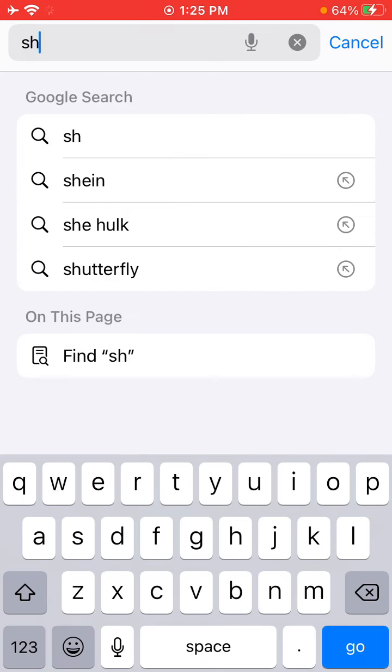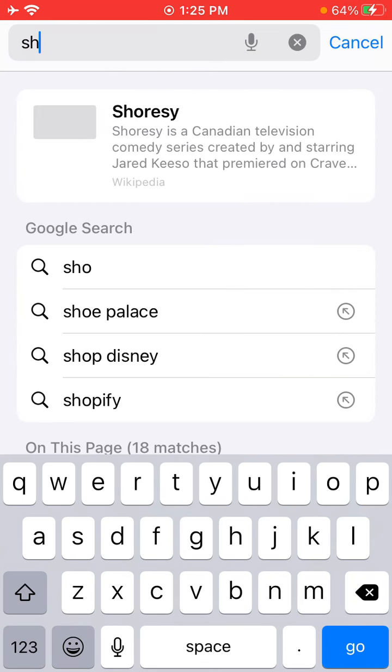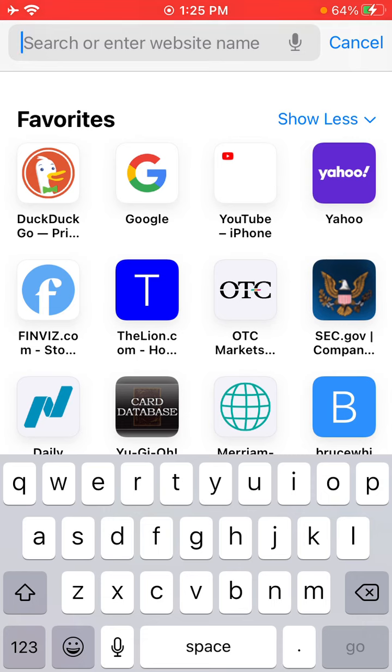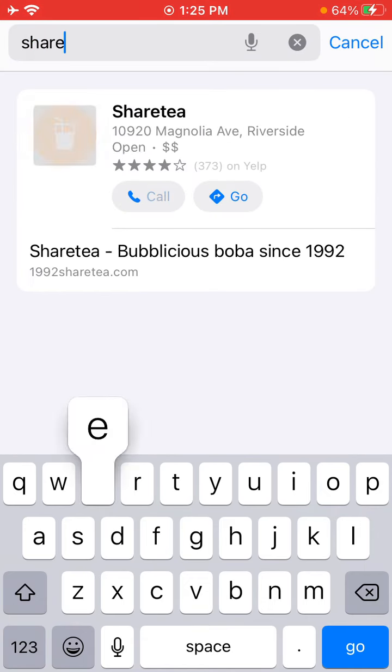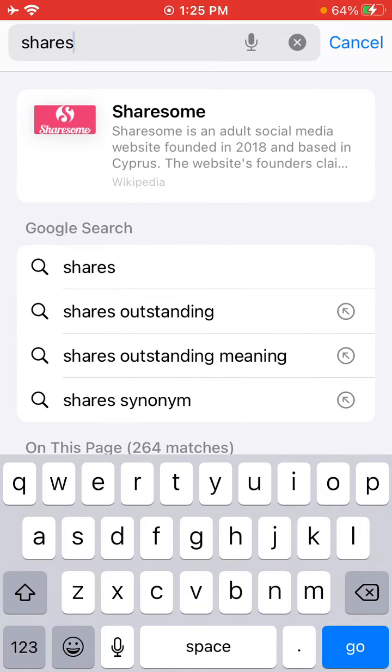So normally I'll look for, since I'm on my iPhone, if you're on your computer, on a Microsoft computer, you can push Control F and then search for keywords. So since I'm on my iPhone, I can go up to the URL, and instead of typing a website, I can start to type in a word like shares.